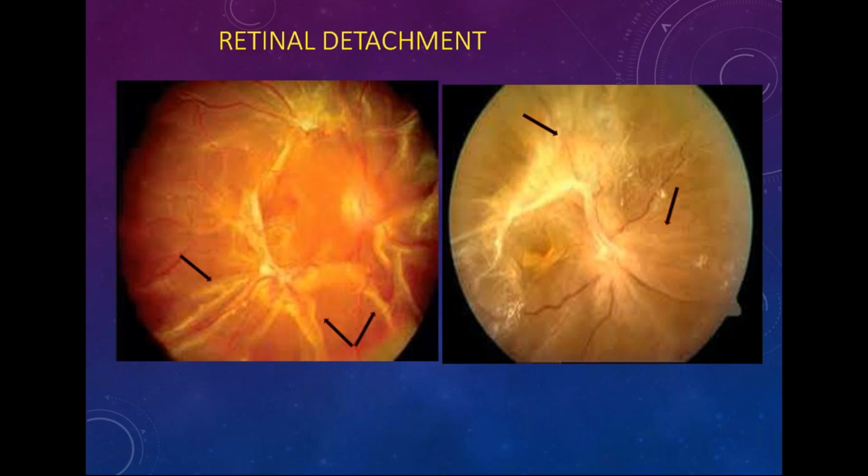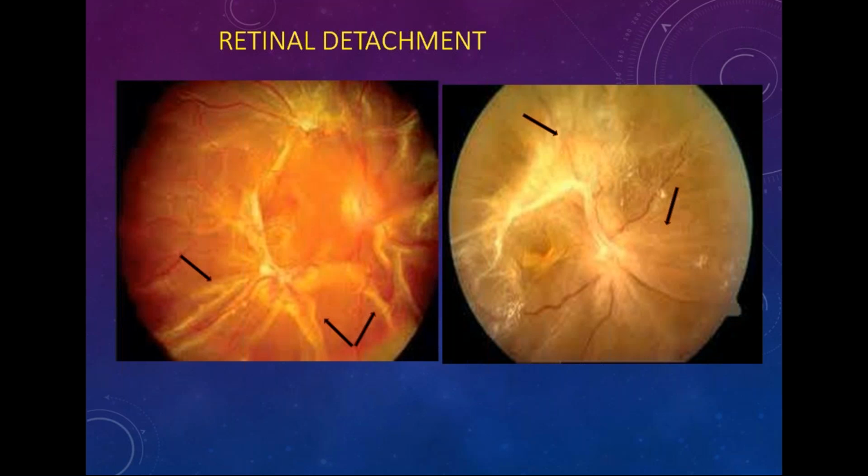Tractional detachment usually occurs in neovascularization. The fibrovascular bands will pull the sensory retina away from the underlying retinal pigment epithelium, causing tractional retinal detachment. Whereas in inflammatory diseases like Coats disease, due to inflammation, there will be secretion of fluid between the sensory retina and retinal pigment epithelium. So it will elevate the overlying sensory retina, leading to exudative detachment.